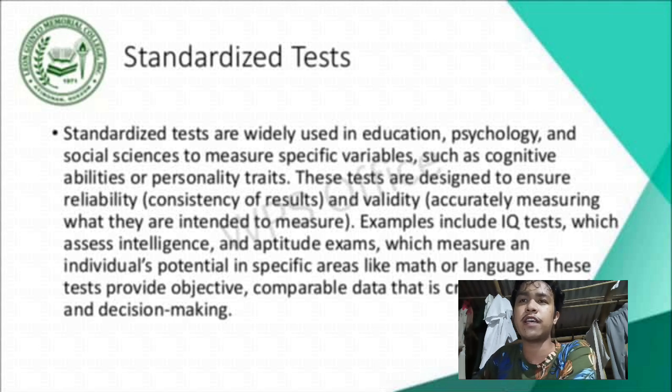What makes standardized tests unique is that they are designed to be reliable, meaning they give consistent results, and valid, meaning they actually measure what they are supposed to measure.